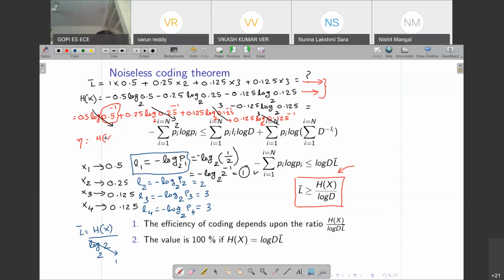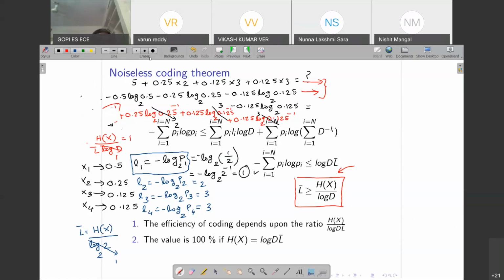Suppose that by calculation, because of some arbitrary probability chosen, this is coming as, for example, 2.3. I cannot have 2.3. I can have 3, not 2, and that is the compromise, right?